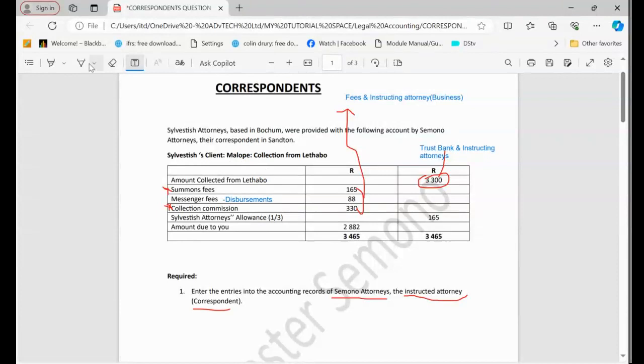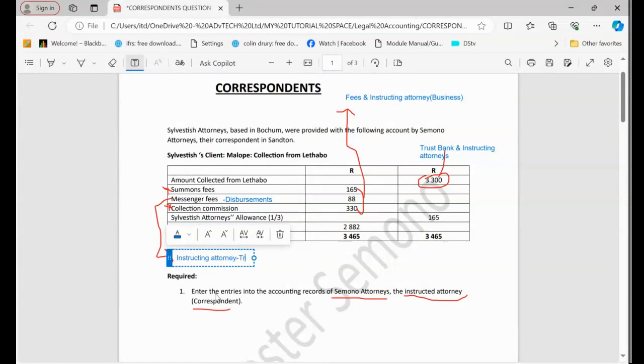So this will affect the messenger fee, because it's not a fee that we had charged. It's just something that we incurred on behalf of our client. So this is going to affect our instructing attorney. But which one?